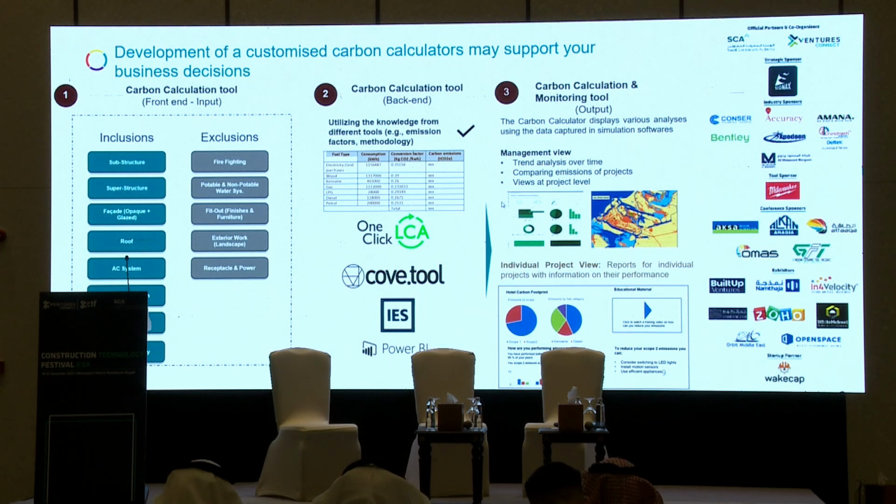This helps the management team understand the trend and compare emissions between projects, especially when we have the same asset typology in different regions, and maybe view more of the carbon details at the project level, or at a system level. This would help corporates and big developers understand how they can influence their projects to become more efficient, and help us all together in decarbonizing the industry.